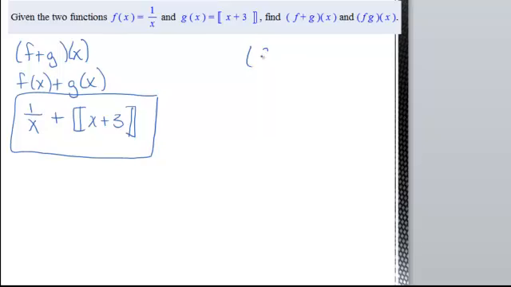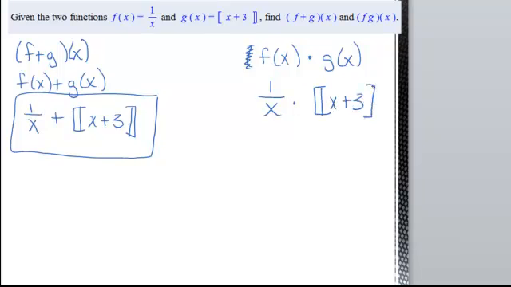That will be f of x times g of x. So we're going to have f of x, which is 1 over x, times g of x, which is this greatest integer function. So if you multiply those, you would end up with this over x.